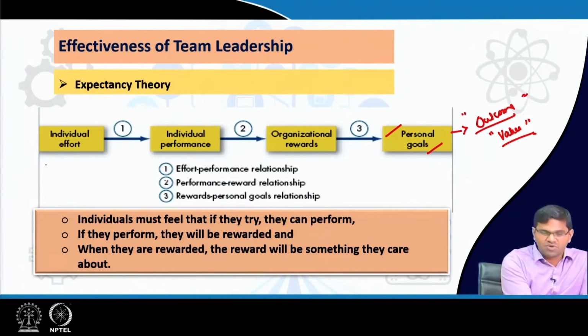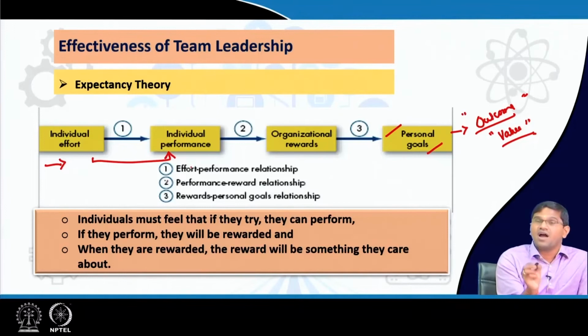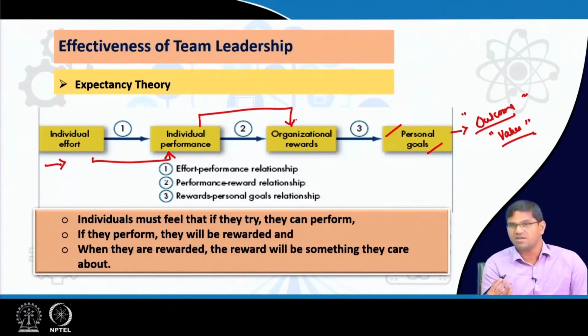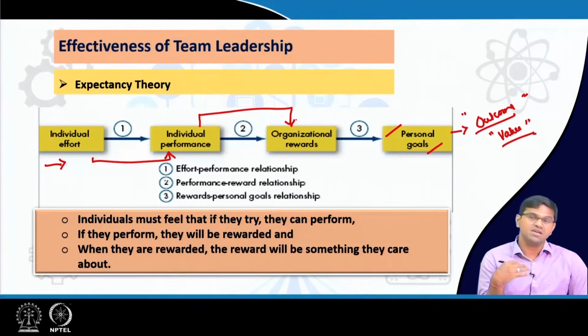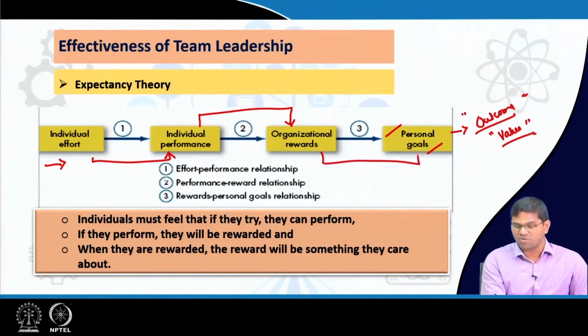I will put in some effort, and I expect that effort will lead to better performance. I also see that when I perform, my organization will provide a reward. It can be an incentive, recognition, a position, or a promotion, which is very important to me. So based on what outcome I am interested in, I have these processes to occur.